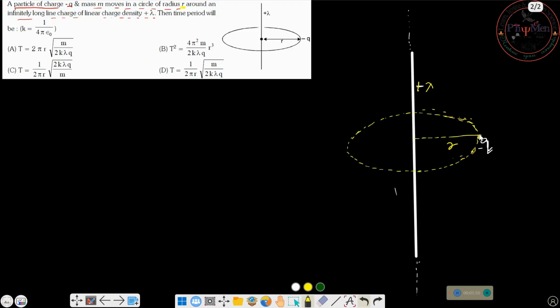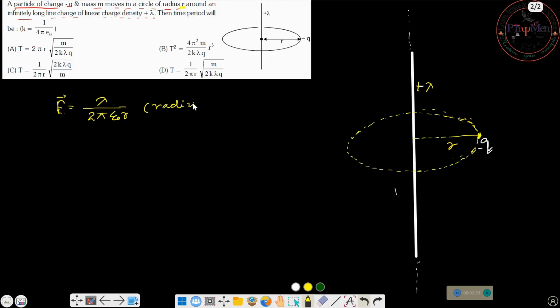So at the distance r, we know the electric field due to this infinitely long charge system is lambda by 2 pi epsilon naught r. So this is the electric field at the distance r from the line charge.